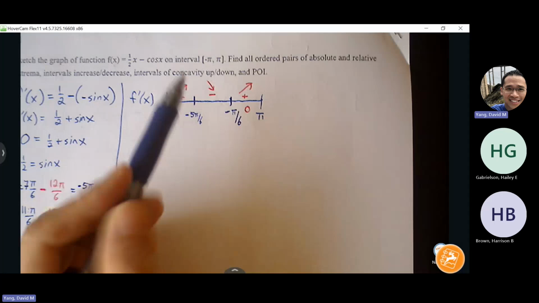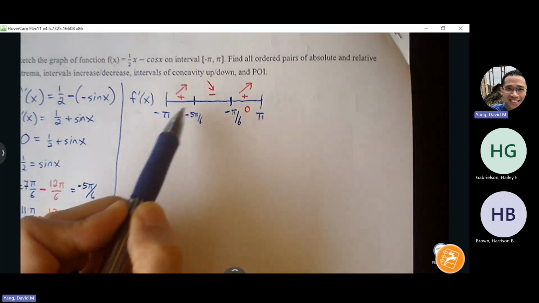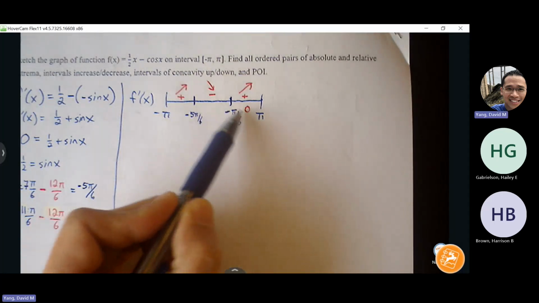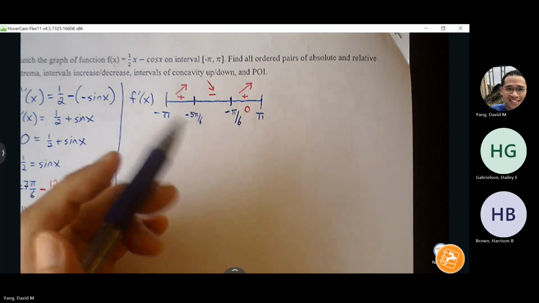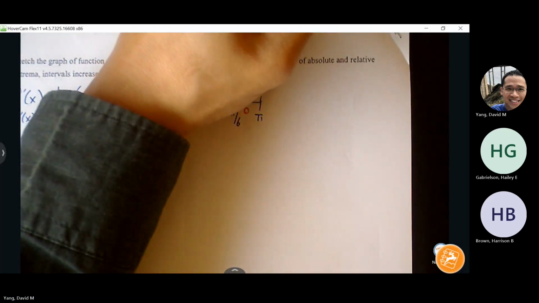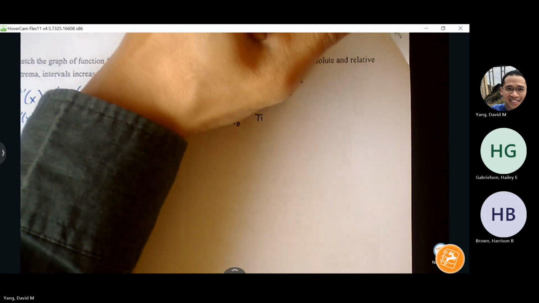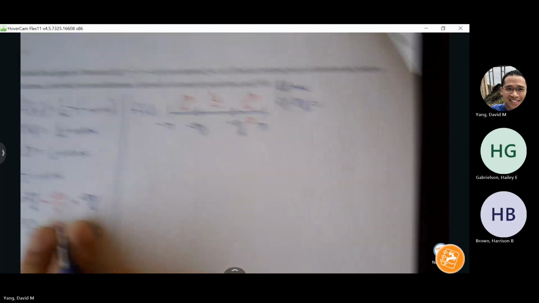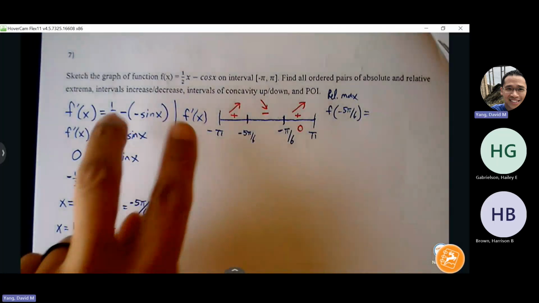We know we're going to alternate slopes here. Looking at the arrows, we can definitely tell there's a relative maximum here and a relative minimum here. If I want to find the ordered pair, I plug back into the original function.